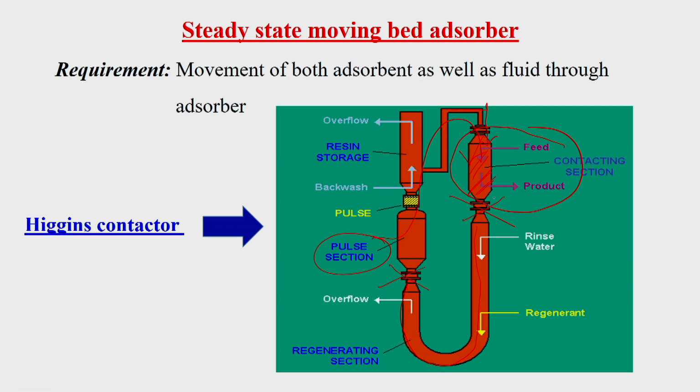So, what is happening in the beginning, in the first stage, is that the adsorption process is going on, and at the same time the exhausted adsorbents, with the adsorbed solutes, are placed in this section.